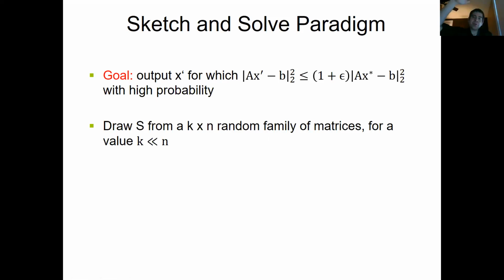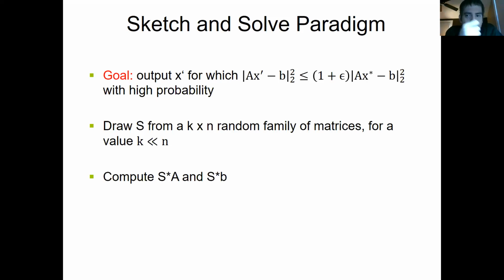And what we want to do is squash our regression problem down into something much smaller so that we can solve it more quickly. And the idea here is to draw a random matrix S, which is going to be a wide and fat matrix. And there are many different random families of matrices you can choose. But what's important is the number of rows, k, is much smaller than n.